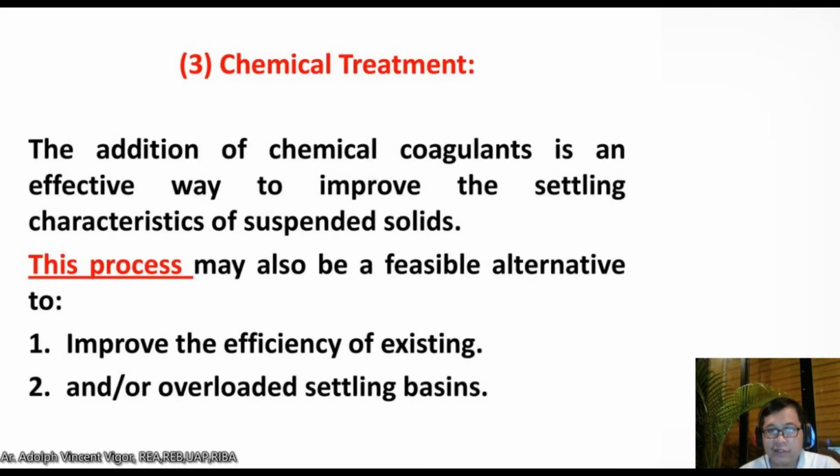So the chemical treatment: the addition of chemical coagulants is an effective way to improve the settling characteristics of suspended solids. This process may also be a feasible alternative to improve the efficiency of existing and/or overloaded settling basins.